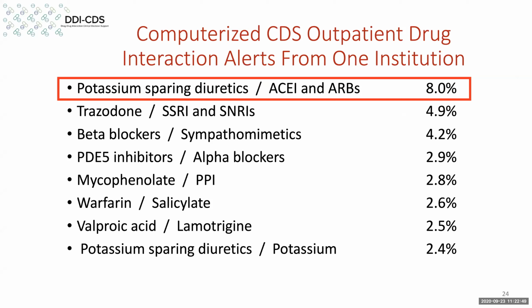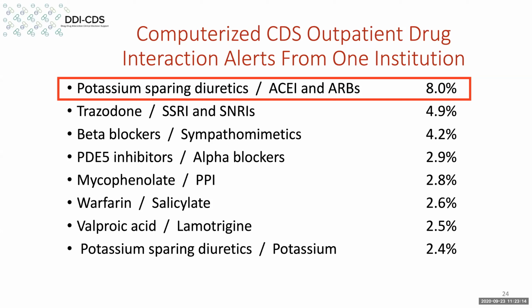Now, pharmacists probably are pretty used to seeing this, but if you prescribe a potassium-sparing diuretic and an ACE or an ARB to a patient, most of the computerized clinical decision support systems that trigger interaction alerts will give you an alert. This is some data out of one institution, and this is literally the most common alerts that were triggered that require physician intervention.